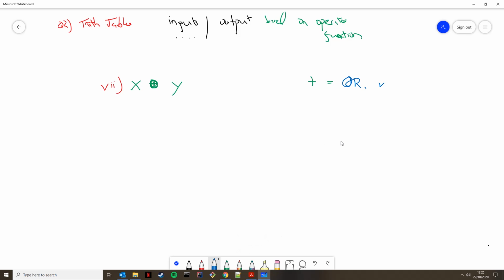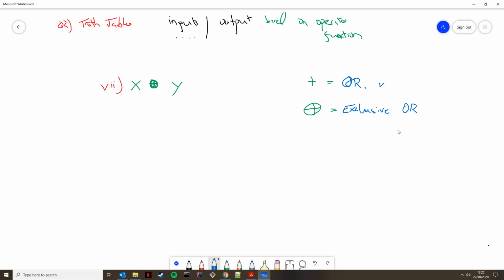We know that gives us 0, 1, 1, 1. The circle around the plus basically means we have the or, it is exclusive or.